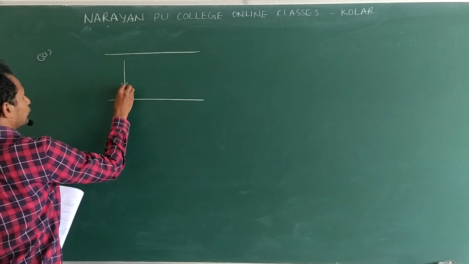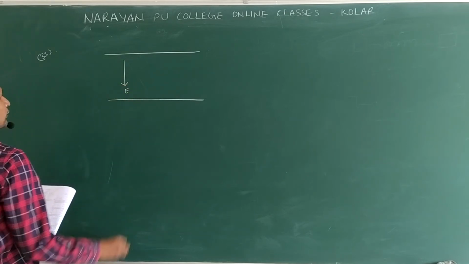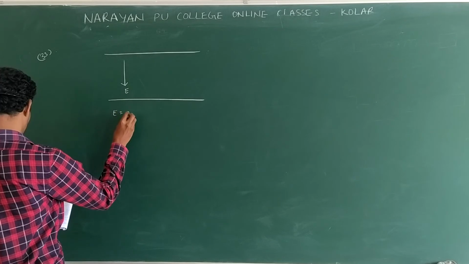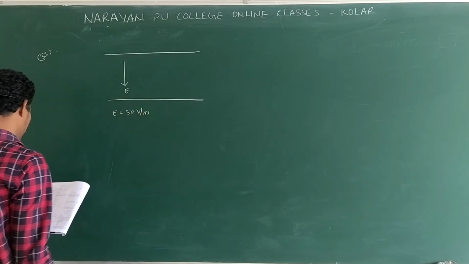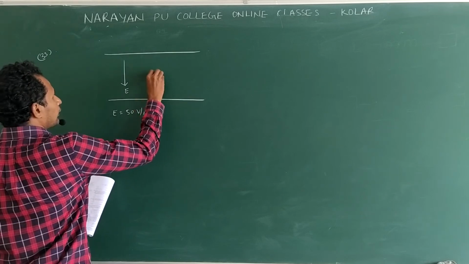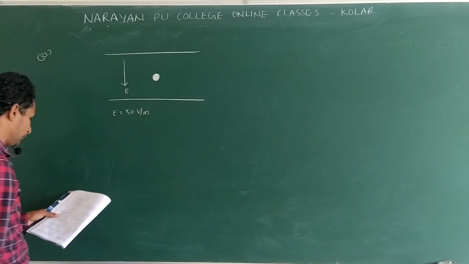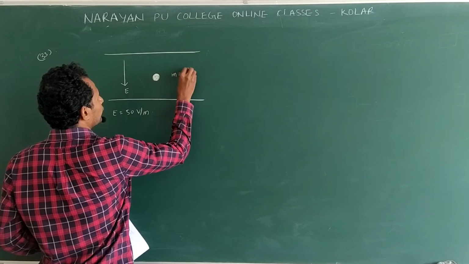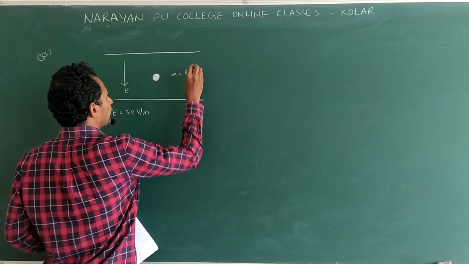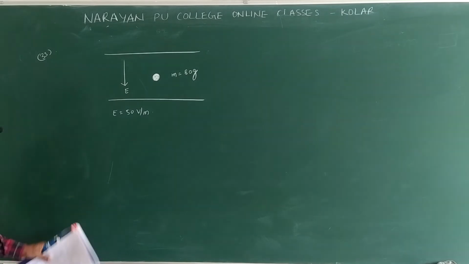E is equal to 50 volt per meter. They are asking for the number of electrons.